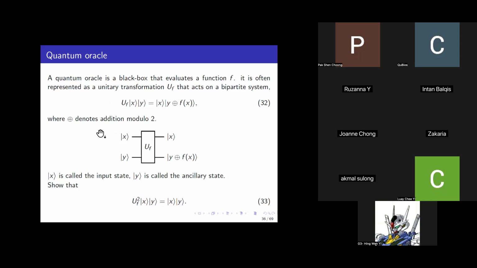So you can think of the oracle as this particular diagram. You don't understand what is happening in UF, but what you know is that you take two systems, which I call the bipartite system. You take whatever input from the first system and you do the addition modulo 2 to the second system. And the first system remains the same.